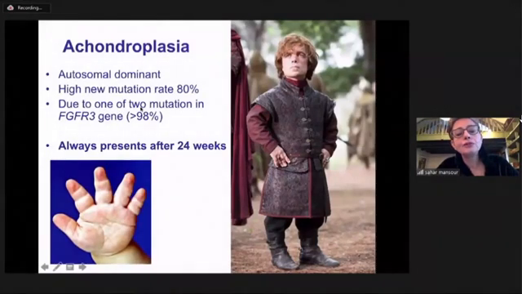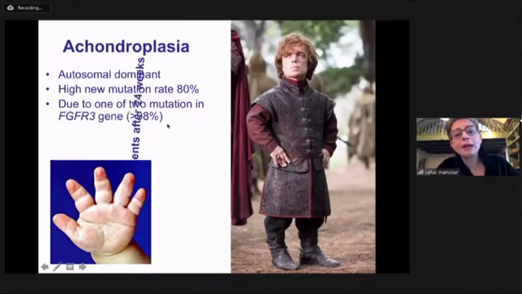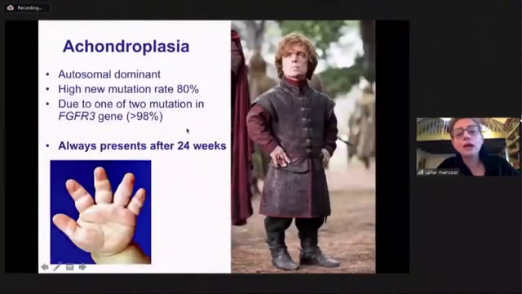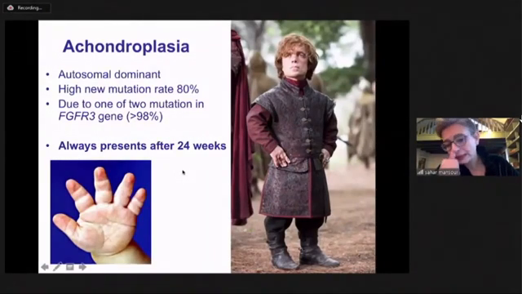There are only 2 mutations in the FGFR3 gene that account for 98%. Incredibly easy test to do. And the big thing to remember, please remember that if you see short long bones before 24 weeks, it's probably not achondroplasia. They really do not become short until after 24 weeks.